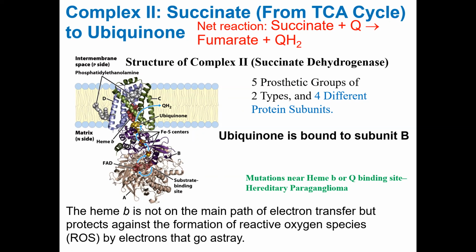Okay. Those electrons can also give rise to other types of what we call reactive oxygen species, ROS. And if ROS are not in check, they can give rise to tumors. So people's hypothesis is that heme B is placed there as a protection mechanism so that you do not form ROS by electrons that go astray.